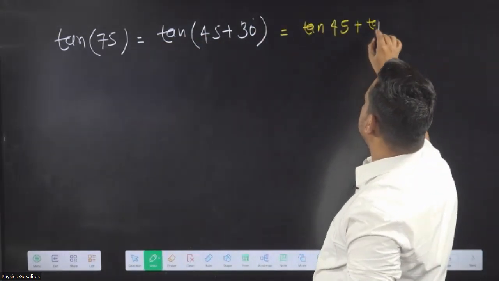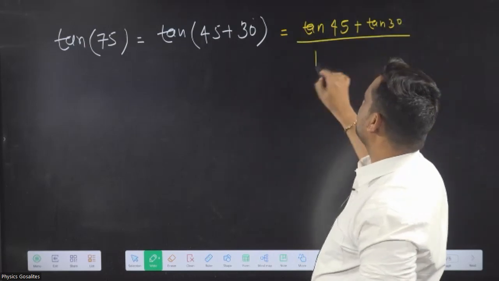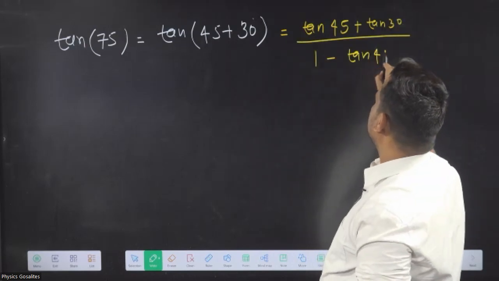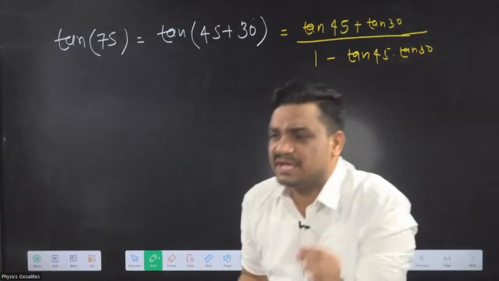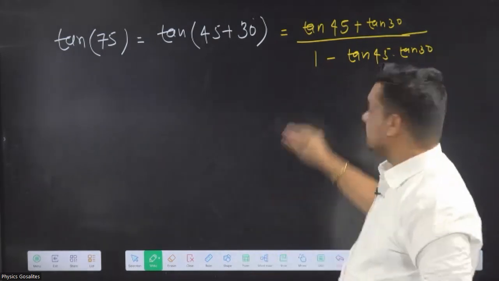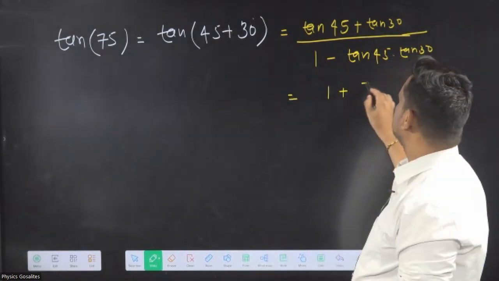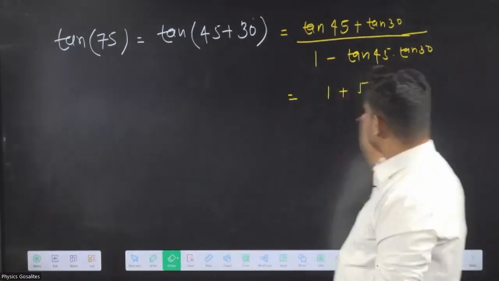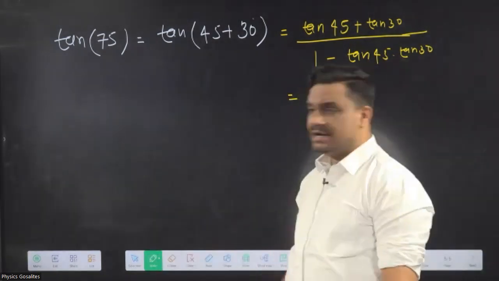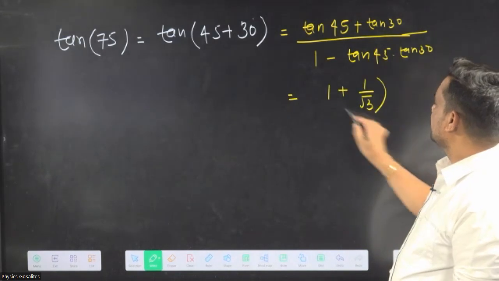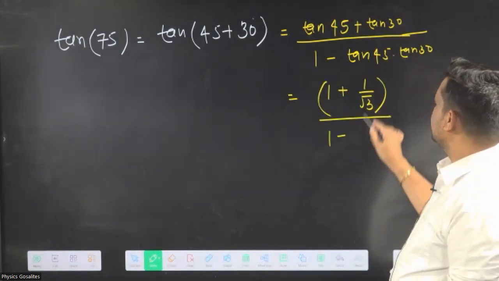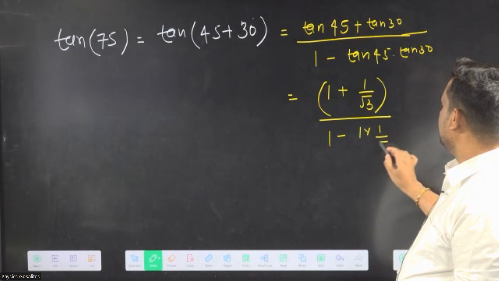So (1 plus 1 by root 3) divided by (1 minus 1 into 1 by root 3). Why am I using the formula? At least we can remember the formula. So this becomes 1 plus 1 by root 3 divided by 1 minus 1 into 1 by root 3.